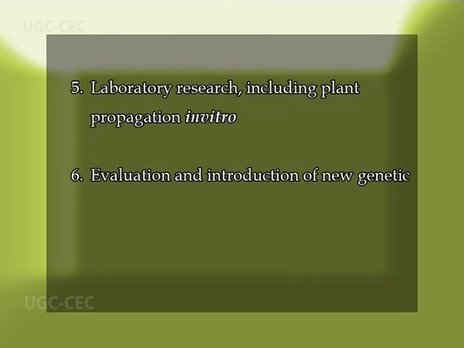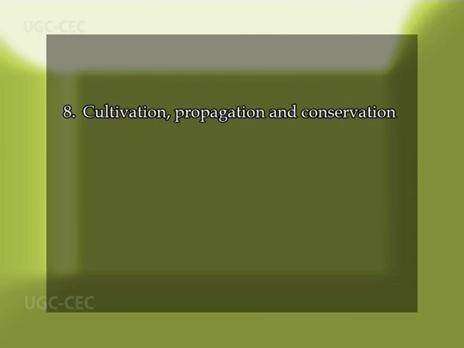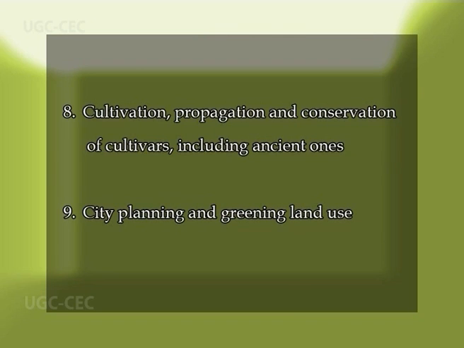Sixth, evaluation and introduction of new genetic resources of edible plants in culture. Seventh, ornamental horticulture and floriculture. Eighth, cultivation, propagation and conservation of cultivars including ancient ones. And ninth, city planning and greening land use.